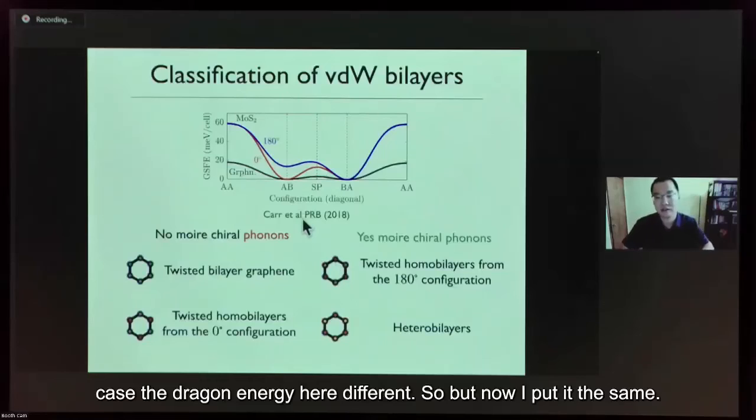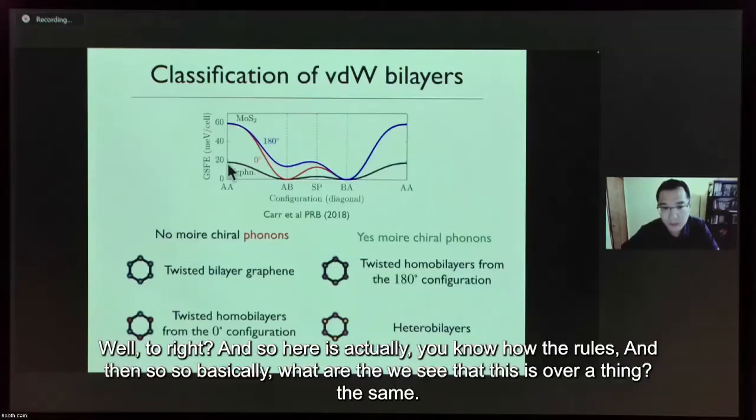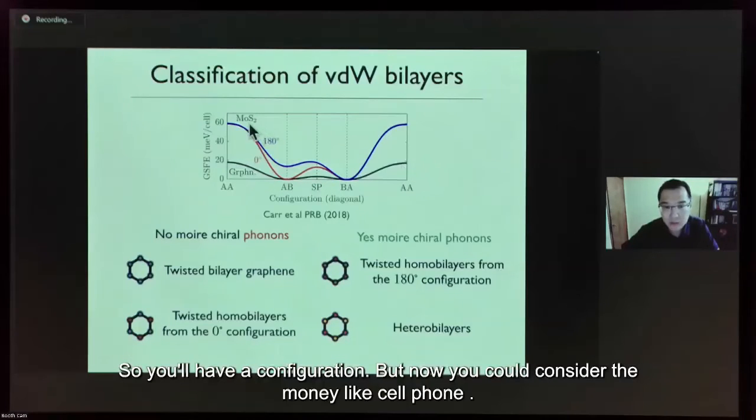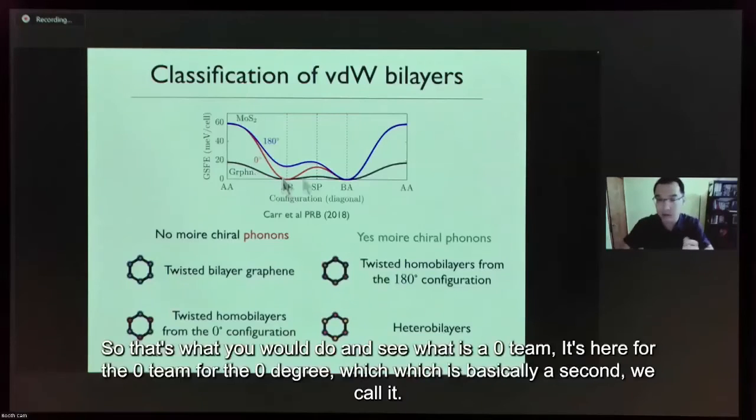Here is a DFT calculation from the Harvard group. Basically, this is for graphene. For graphene, AB and BA are the same, so you have a perfect symmetry. Now, if you consider molybdenum disulfide, which has the same signature as boron nitride, you really have to consider whether it's a 0 degree or 180 degree configuration.